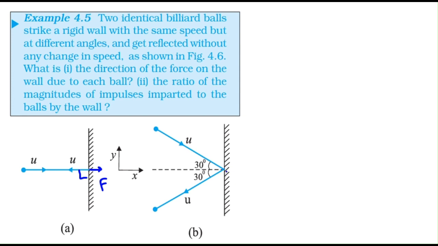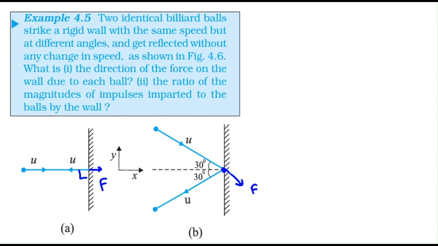The ball wants to go this way. This is the incident ball, and if it strikes the wall, it will exert the force along this line.